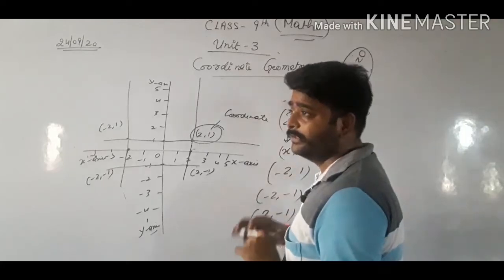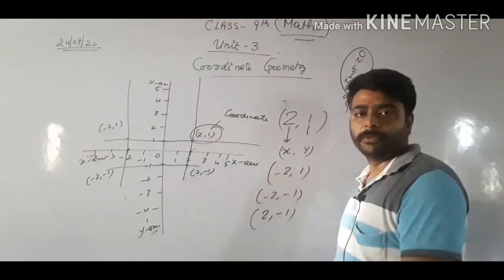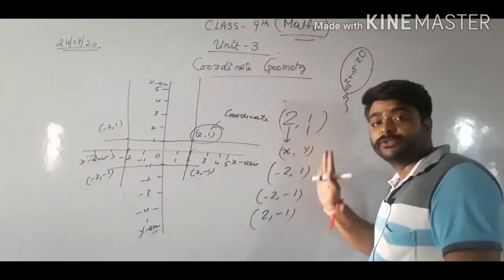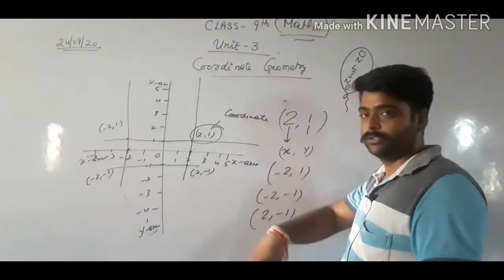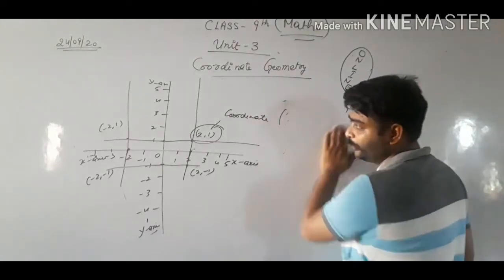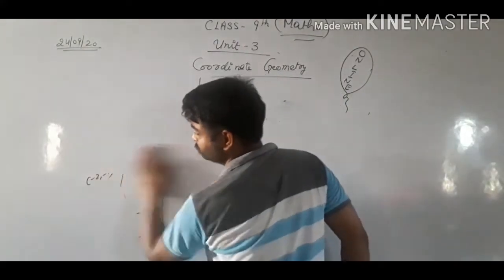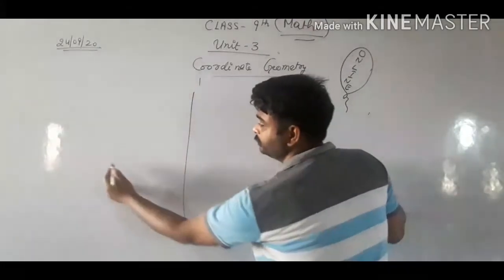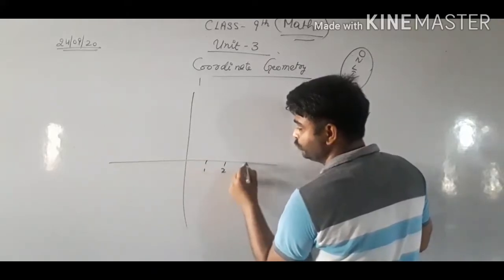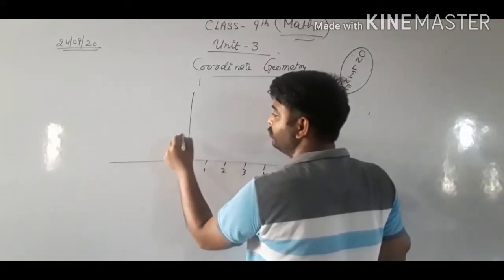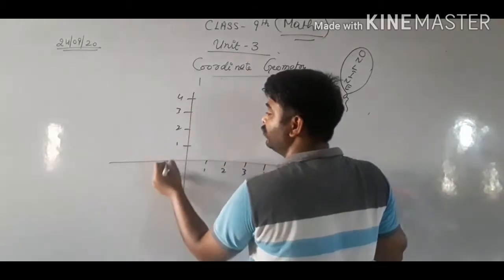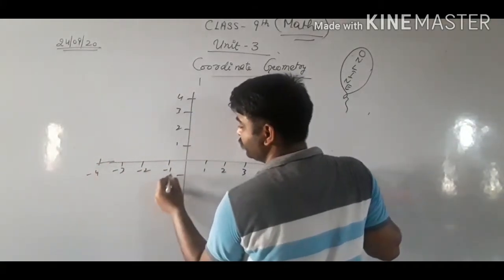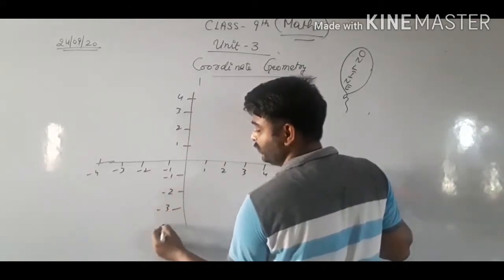Now class, in this chapter we have 2 types of problems. One is to represent these coordinates in a graph, and the second problem, I'm going to write here. Second problem: this is 1, 2, 3, 4, this is 1, 2, 3, 4, this is minus 1, minus 2, minus 3, minus 4, this is minus 1, minus 2, minus 3 and minus 4.